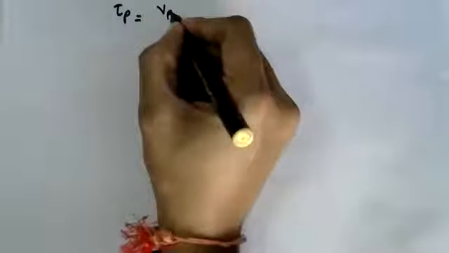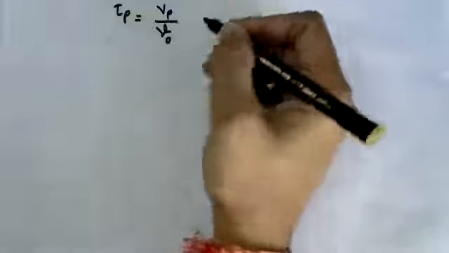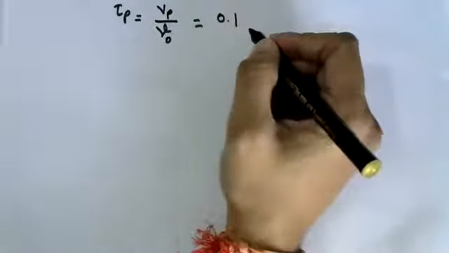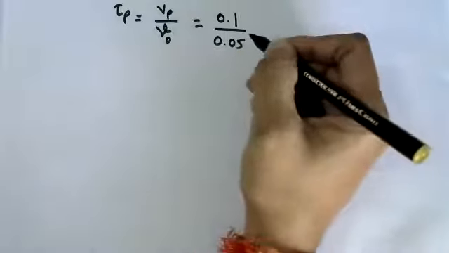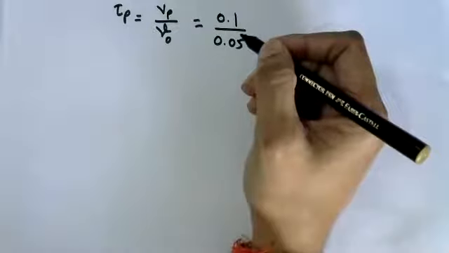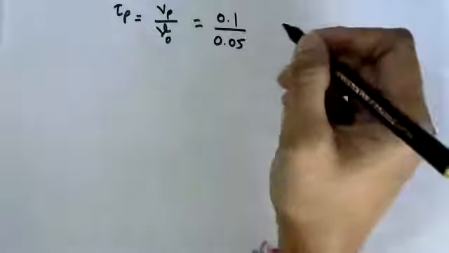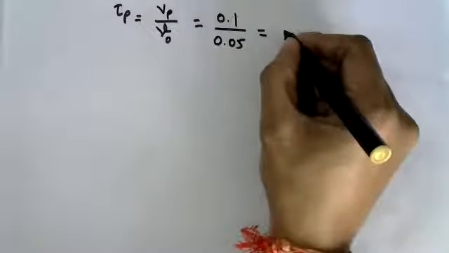Tau p is equal to the volume of the plug flow reactor divided by the volumetric flow rate. The volume of the plug flow reactor given is 0.1 divided by the volumetric flow rate given as 0.05 liter per minute, and therefore the answer is 2 minutes.